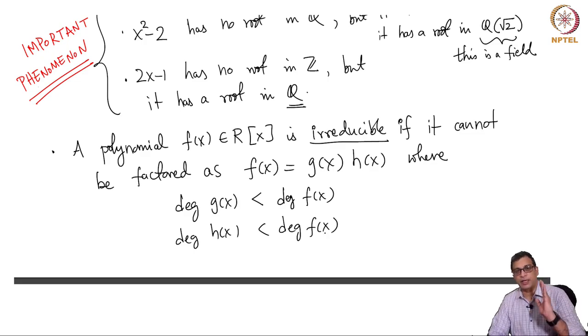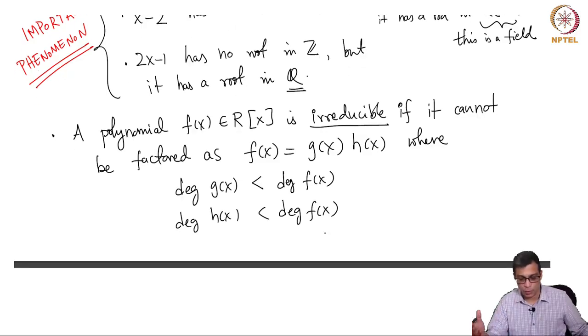Of course you can always write the polynomial as 1 times itself, but that is not allowed because the degree doesn't drop. So you cannot factor it into a product of two polynomials which both have smaller degrees.